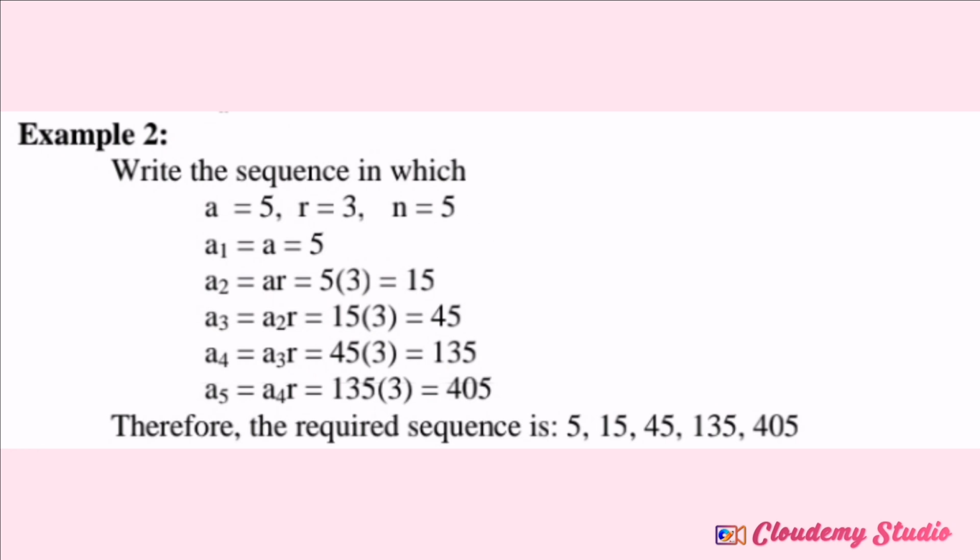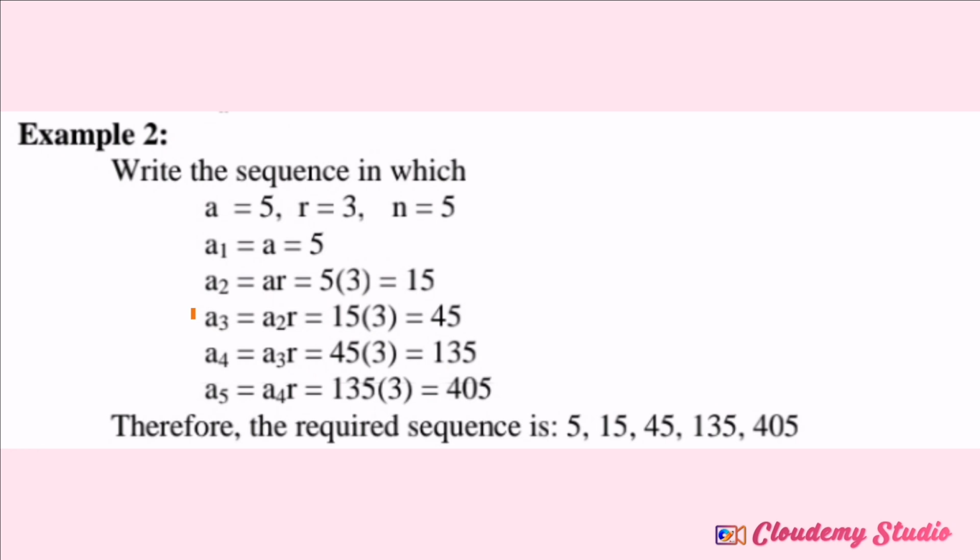Here a1 is equal to a, which is 5, so a2 is equal to ar. If we put a is 5 and r is 3, 5 multiplied by 3 gives us 15. So a2 is equal to 15.